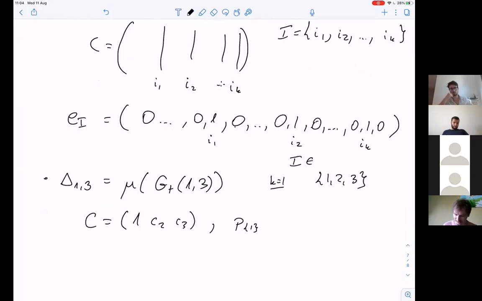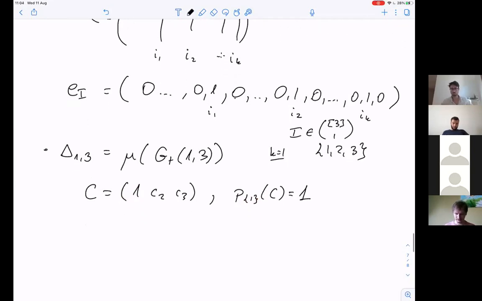So I is inside of the set 3. P1 of C is just a 1 by 1 minor, the maximal minor where I just use the first column, so that is simply 1. P2 of C is just the minor using the second column, so that's just C2. And P3 of C is just C3. Okay, so these are my p's.